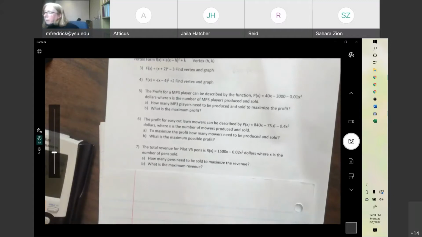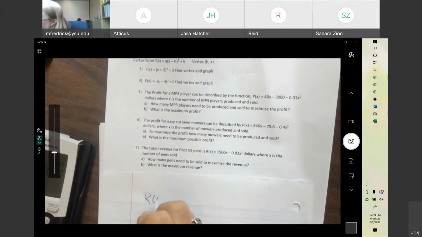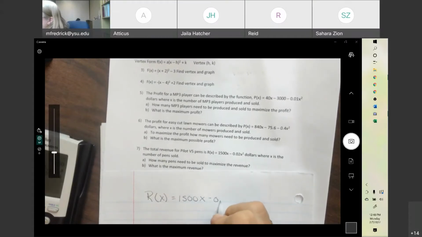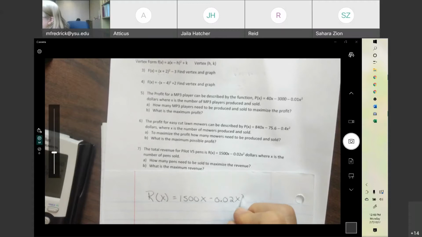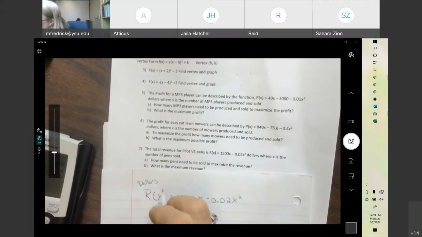Seven. The total revenue for pilot V5 pens is R of X equal to 1,500X minus 0.02X squared dollars. And X is the number of pens sold.